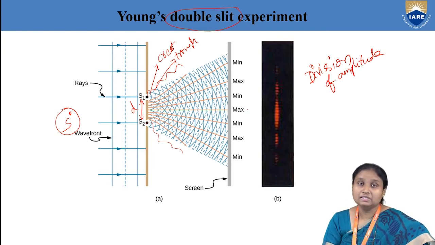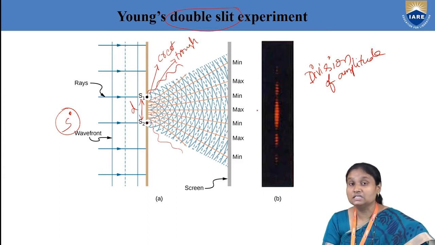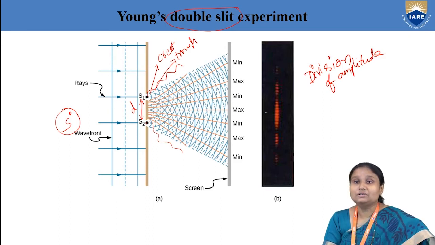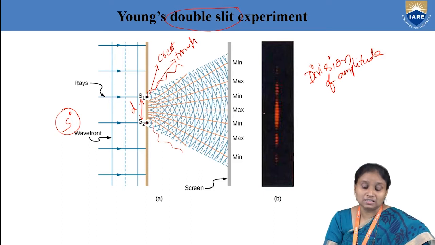Whereas when the crest of one wave falls on the trough of another wave, meaning the solid line of S1 falls on the dotted line of S2, then at those points it will give rise to minimum intensity. That is what we tried to show in this particular figure.